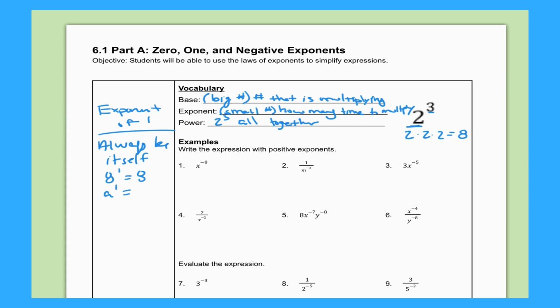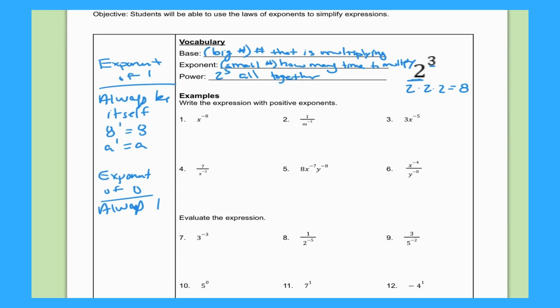A to the 1 would equal A. And then exponent of 0 is always 1. So that means, for example, 7 to the 0 is 1, or x to the 0 is 1.